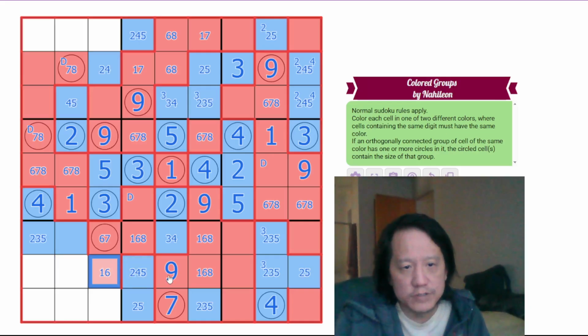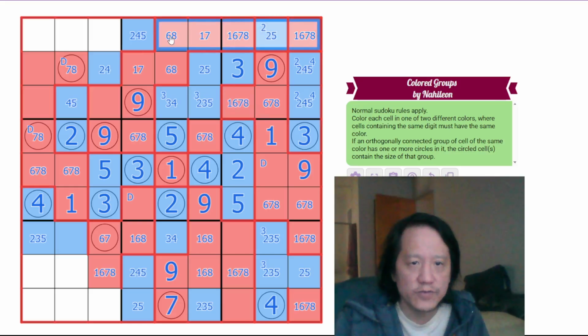This is 1, 6, 7, 8 here, and here, and here, and here. And one of those could be 9 here. So 1, 6, 7, 8 in each of these.